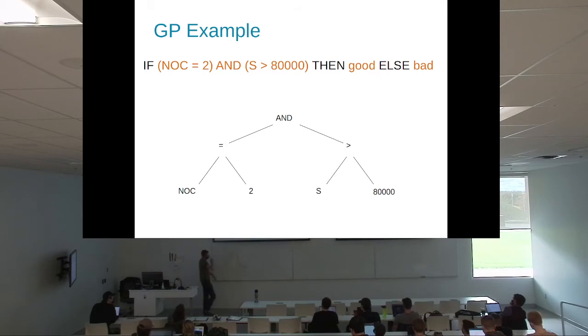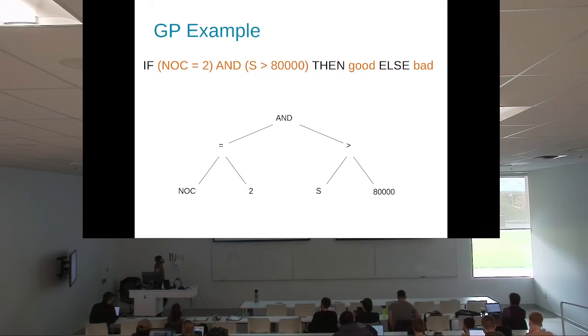Take a look at what the leaf nodes are and what the interior nodes are. You'll notice that NOC is a variable, a parameter. That is the number of children an individual has. Same with S, that's salary. Every individual will have different values for that, which get plugged into my function.